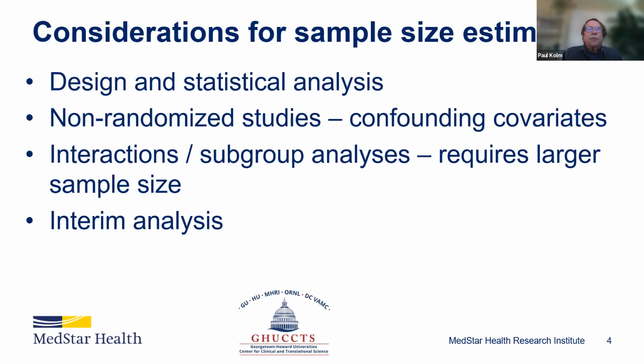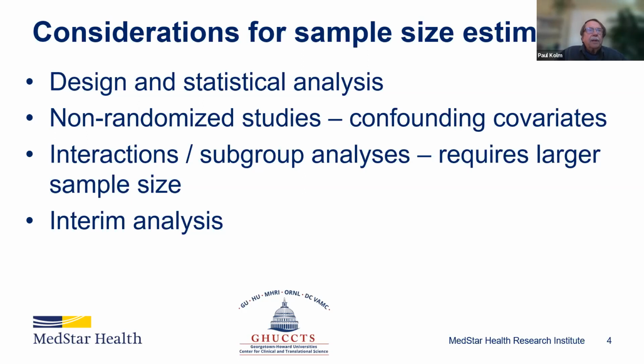So the considerations for sample size estimation, of course, we would need to know your research design and the statistical analysis that you would do as a result of that. If you have a randomized trial, that's pretty straightforward. If you have a non-randomized study, then there's potentially confounding covariates that we may need to account for.